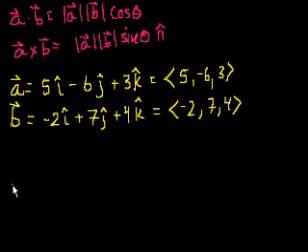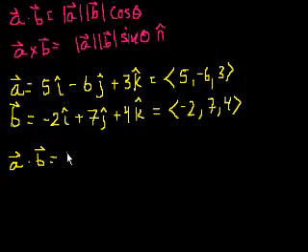But anyway, how do I take A dot B? This, I think you'll find fairly pleasant. All you do is multiply the i components, add that to the j components multiplied, and then add that to the k components multiplied together.